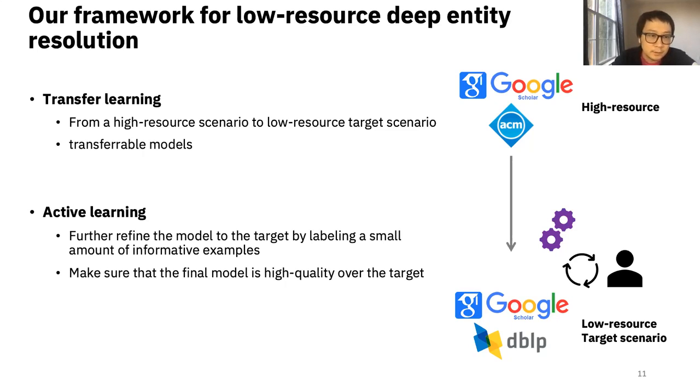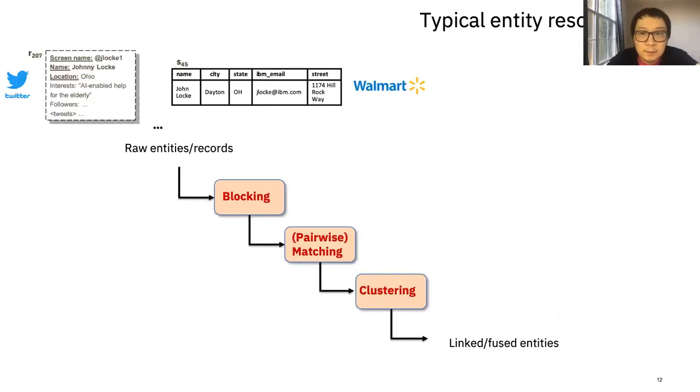So active learning is very effective in fine-tuning the model so that it achieves very good performance over a specific target. Okay. So typically an entity resolution pipeline consists of a series of steps.